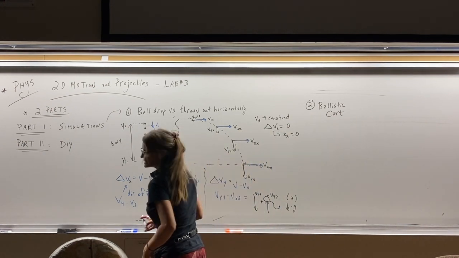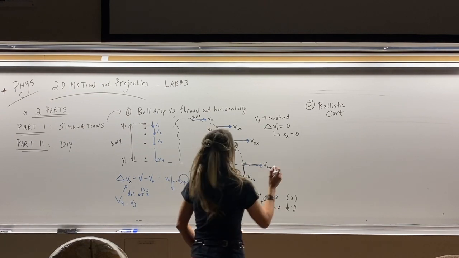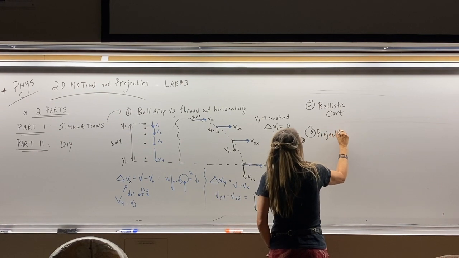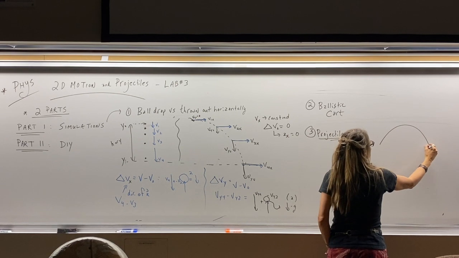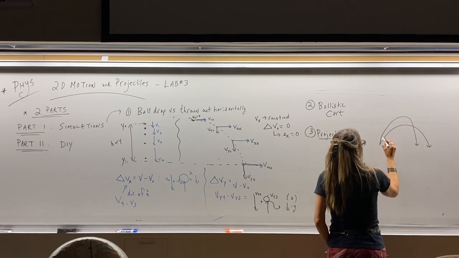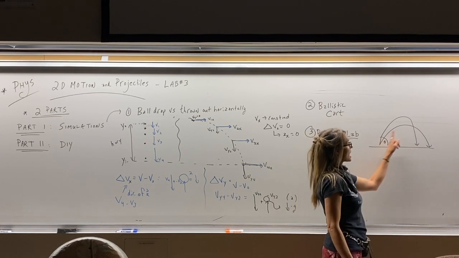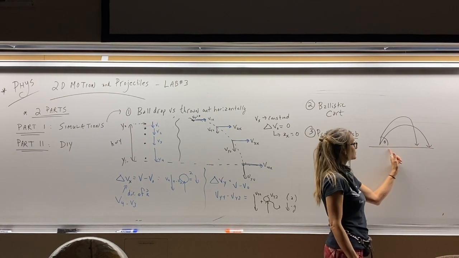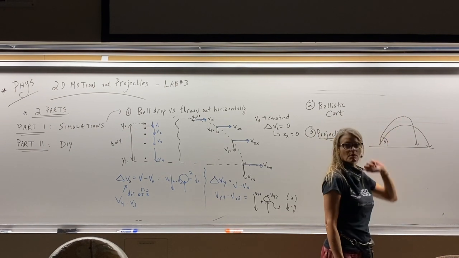The third demo we have, or a simulation rather, is the projectile lab. And this just goes through a standard projectile, what happens as you change your angle of elevation, how does that impact the time of flight, how does that impact your range, which angle gives you the maximum range, which angle will give you the maximum height.